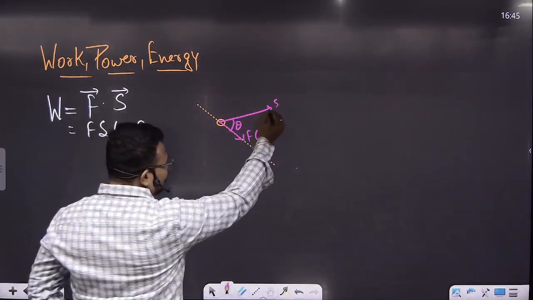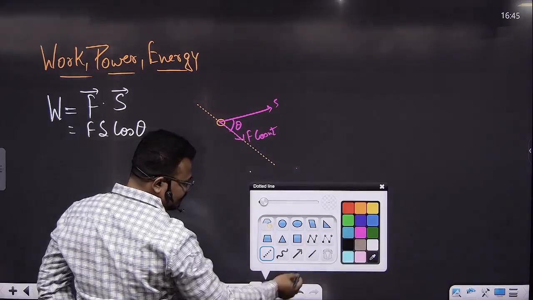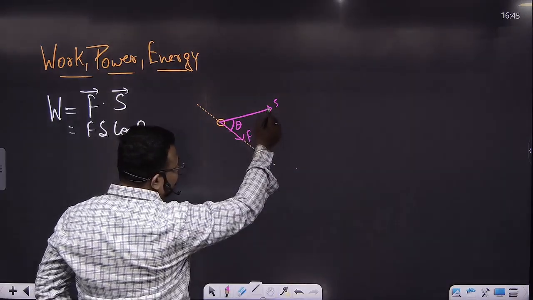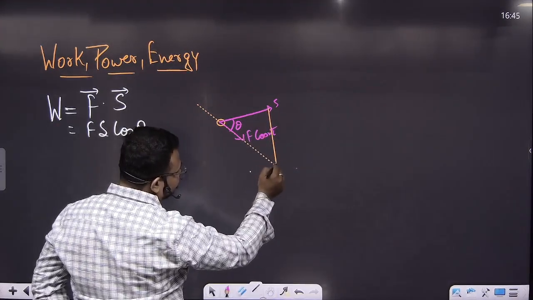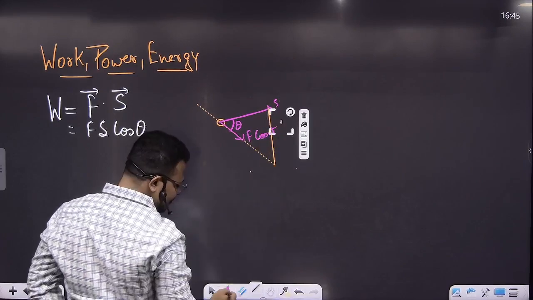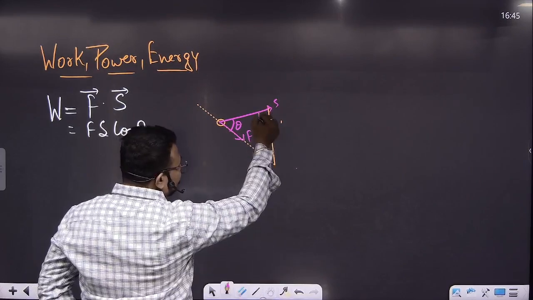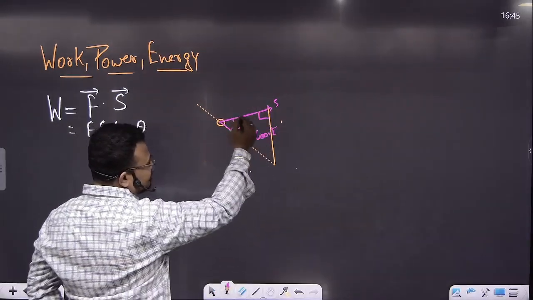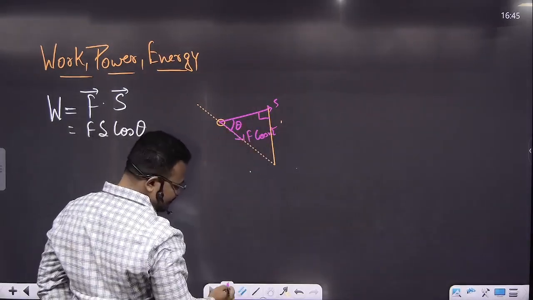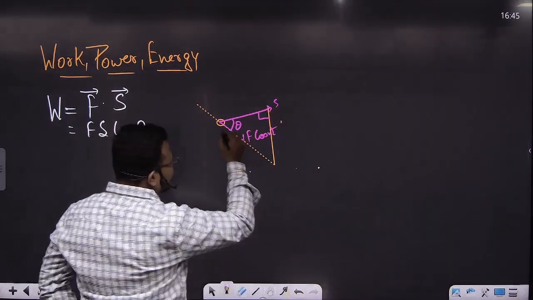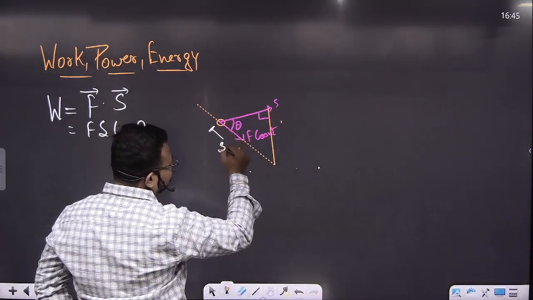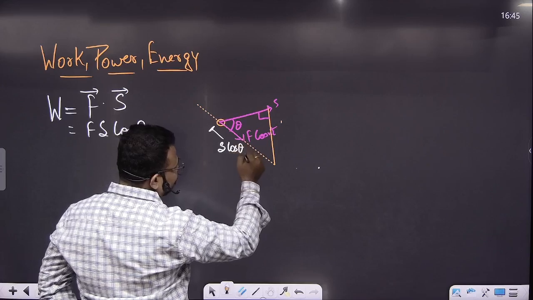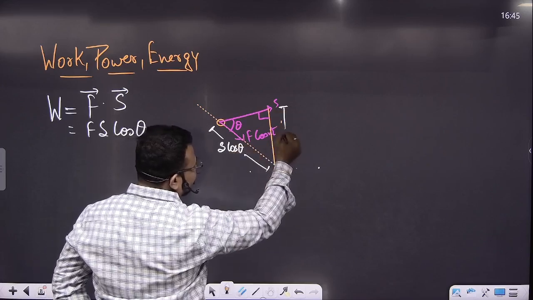Now if I draw a perpendicular line from here and break the component of S, this will become S cos theta and this will become S sin theta.